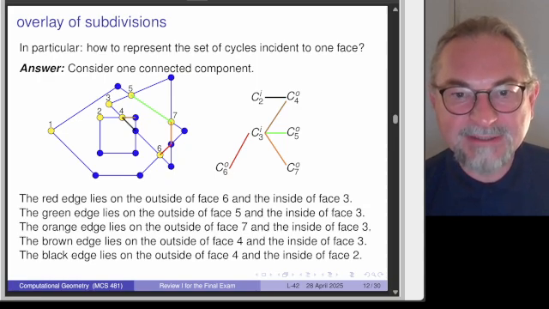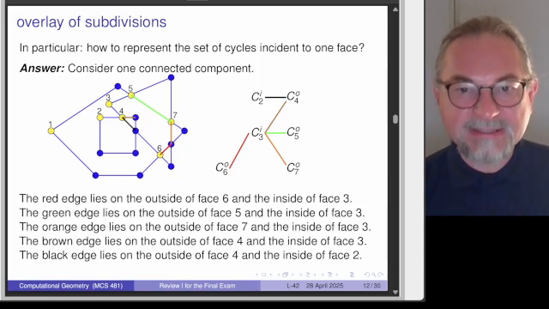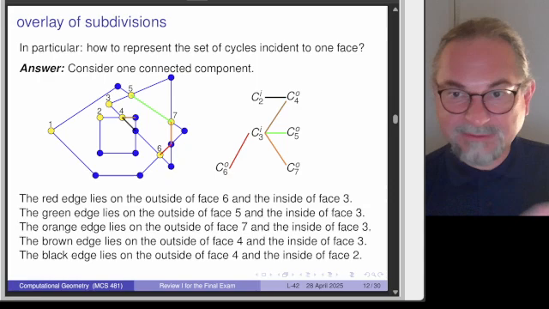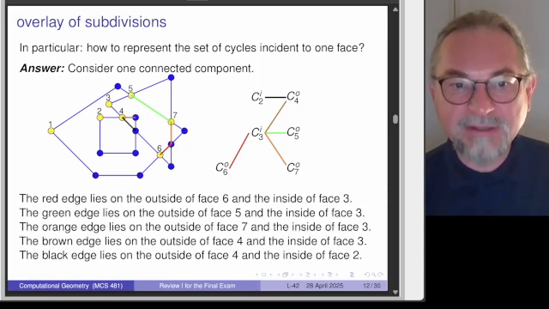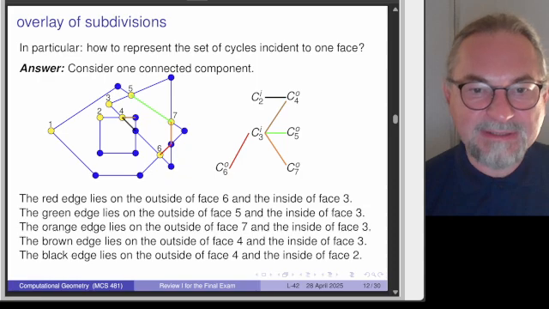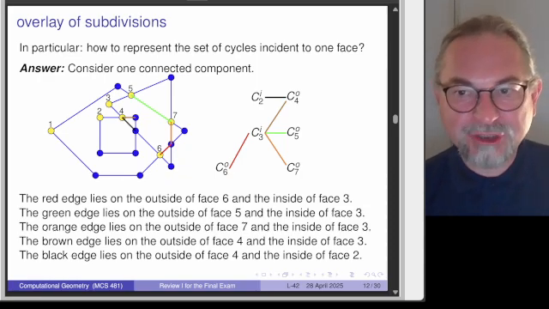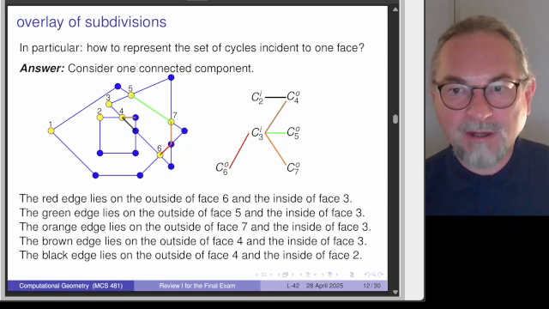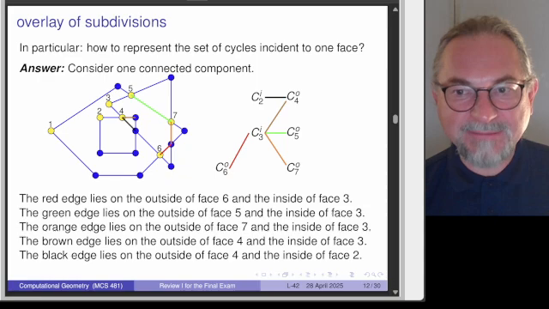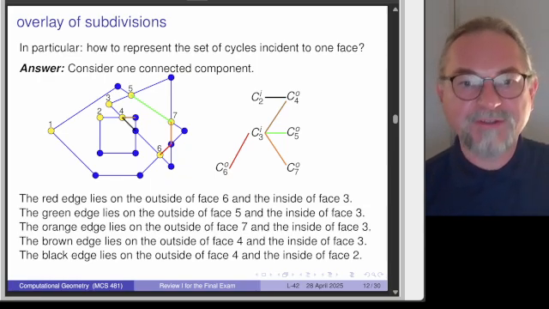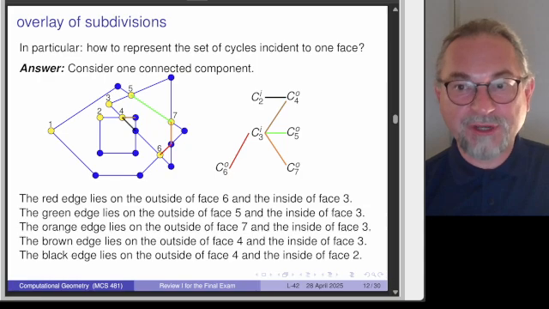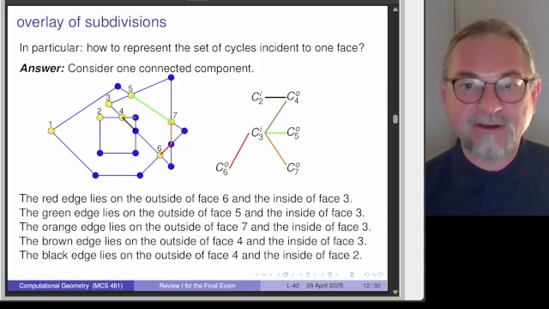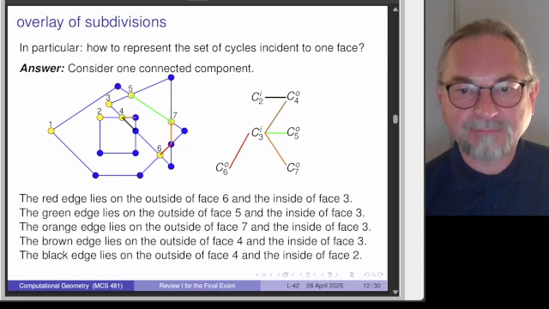starts at the vertex 7, which is used to identify the face 7. So the orange edge, if you traverse it clockwise, you are at the outside boundary of face 7, but you are at the inside if you go in from, say, that vertex 7 downwards, then you are traversing the inner cycle of face 3.